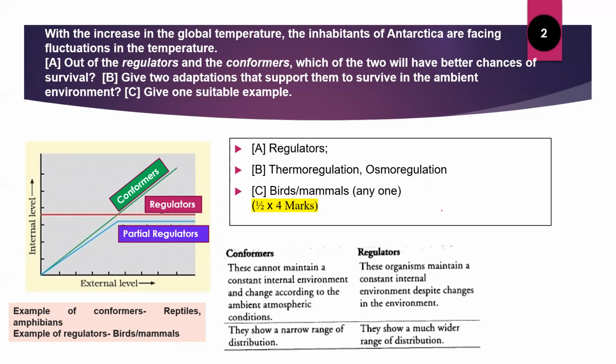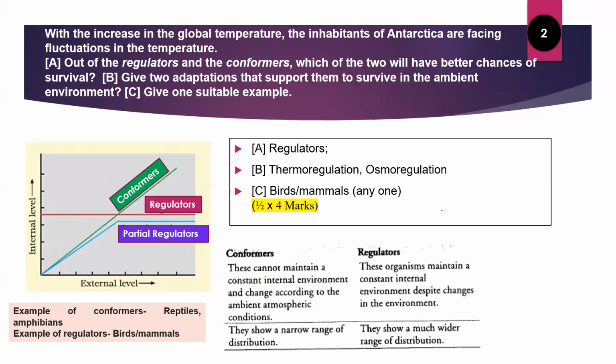And you might be aware that an individual interacts with its environment, both biotic and abiotic factors. And the environmental factors change, for example, the temperature, the osmotic concentration, right?